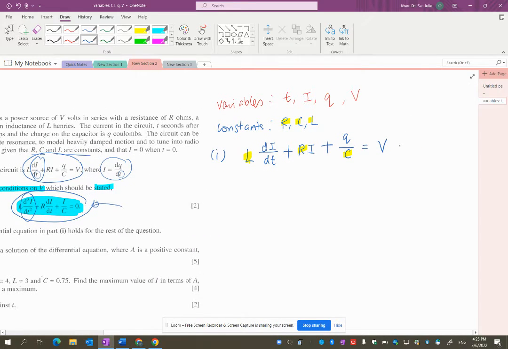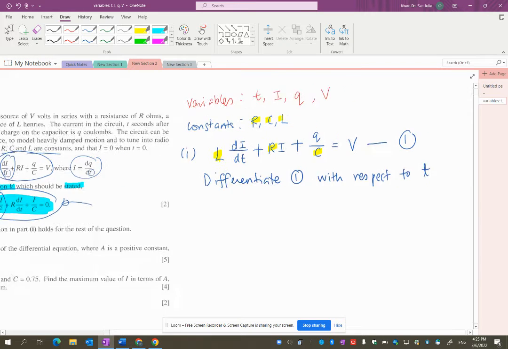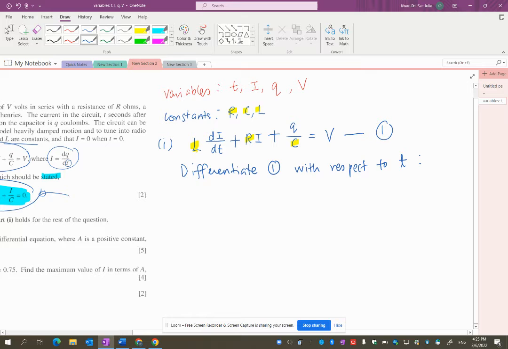So let us call this equation 1. So we differentiate equation 1 with respect to the variable t in the hope to get d2i dt2. Okay, so how do we do that?